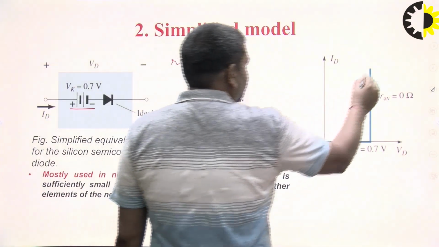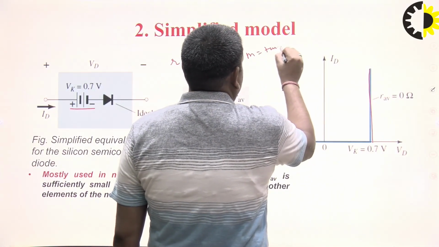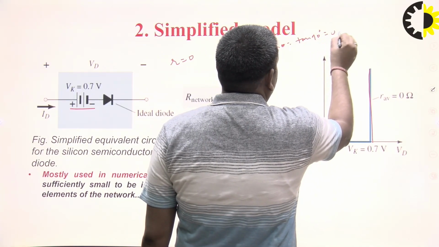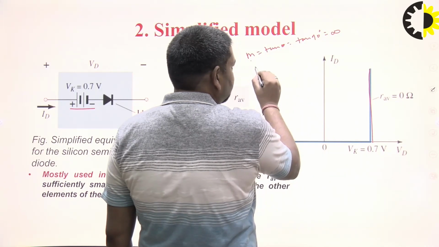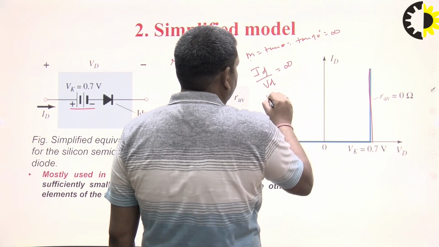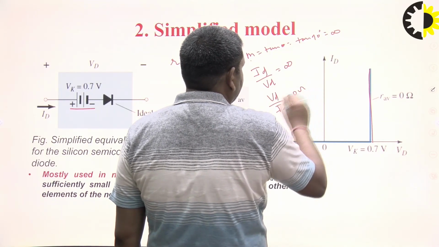So that means M is equal to tan theta, which is equal to tan 90. So tan 90 is infinity. M is y over x, so ID upon VD is equal to infinity. So VD upon ID is equal to 0. VD upon ID is the resistance.